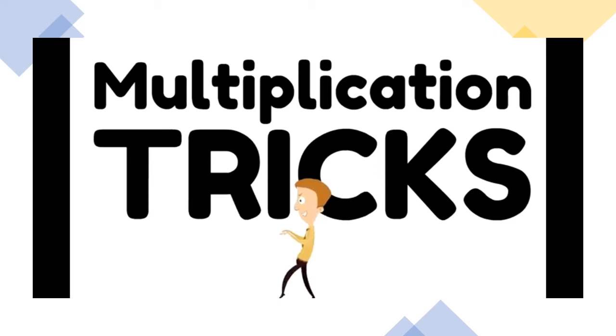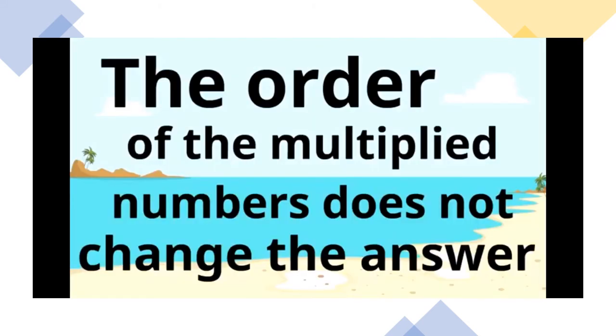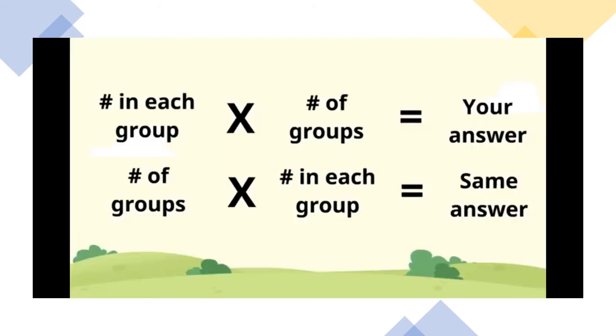So now we're going to learn about our multiplication tricks. Our first trick is that the order of the multiplied numbers does not change the answer. Let's find out how. We say that the number in each group multiplied by the number of groups will still give us our answer.